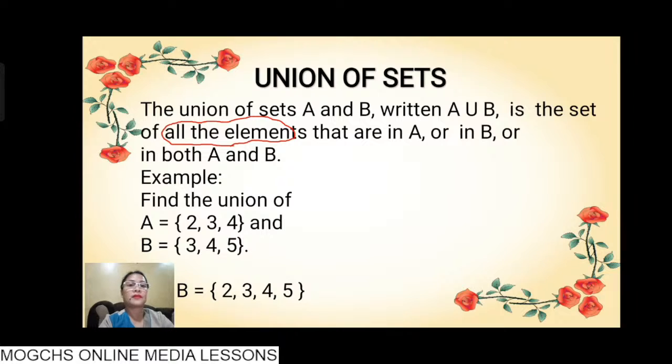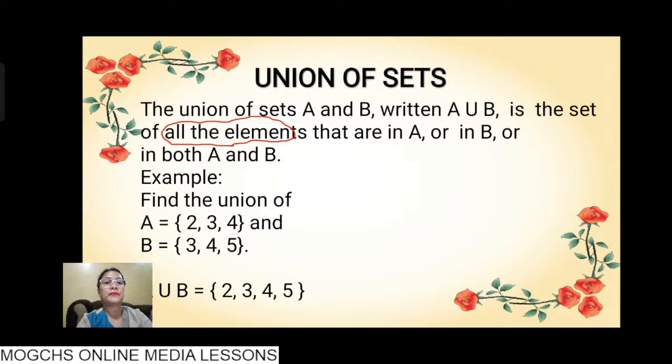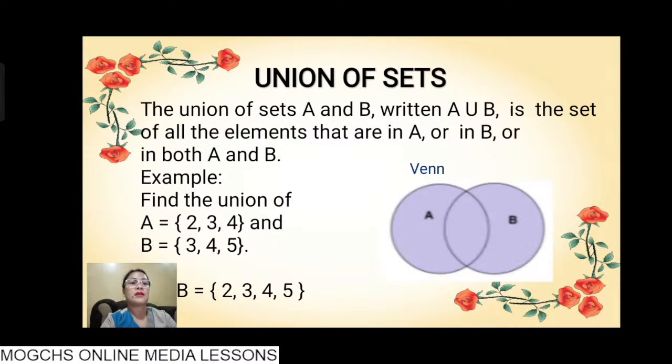Example: find the union of set A, which has the elements 2, 3, and 4, and B, which has the elements 3, 4, and 5. So, the union of set A and B is equal to 2, 3, 4, and 5. How are we going to show it using a Venn diagram?